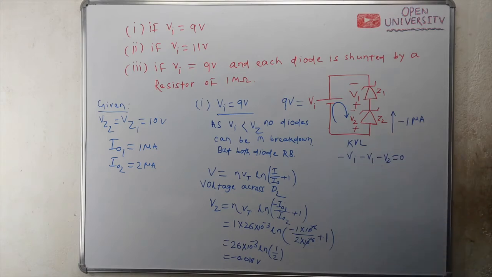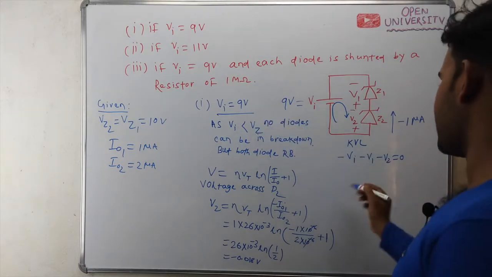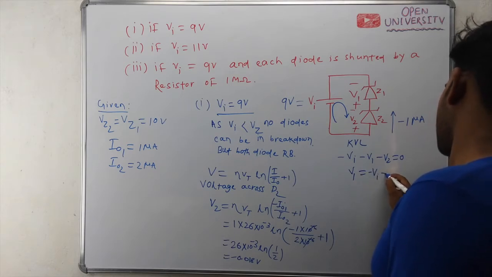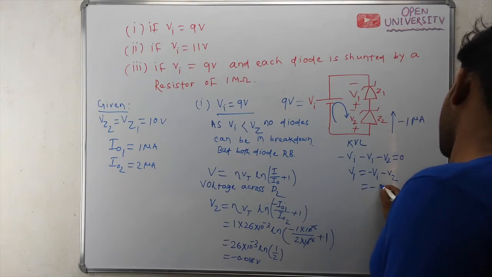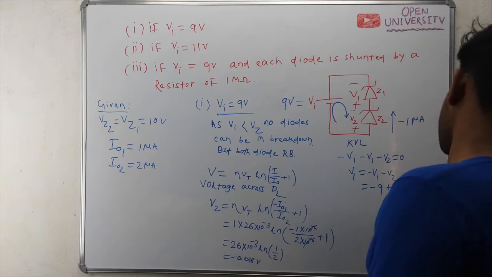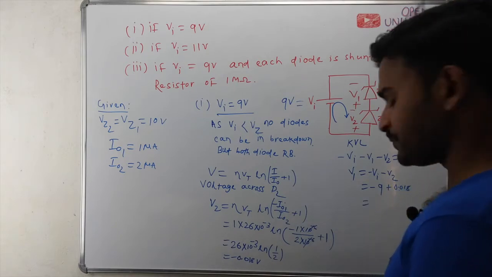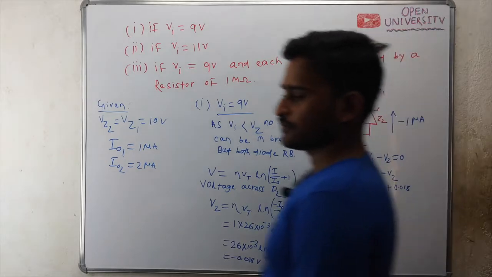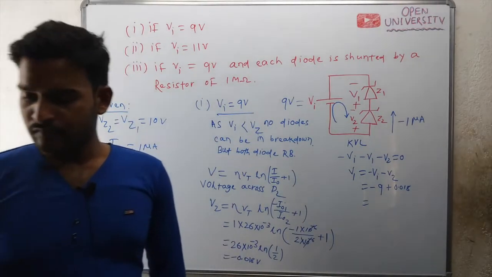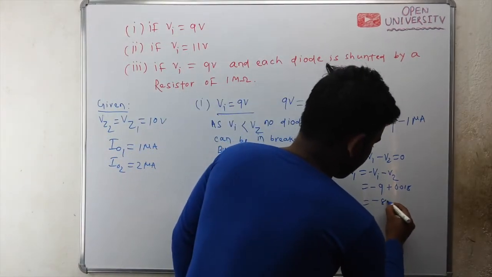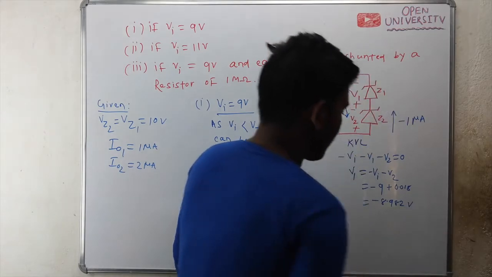Minus VA minus V1 minus V2 equal to 0. V2 is known, VA is known. VA is 9 volt. So V1 will be equal to minus VA minus V2, that is minus 9 minus, V2 being plus 0.018 volt, so minus 8.982 volt.